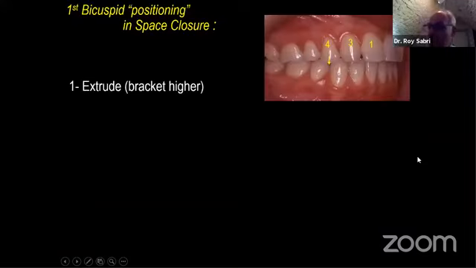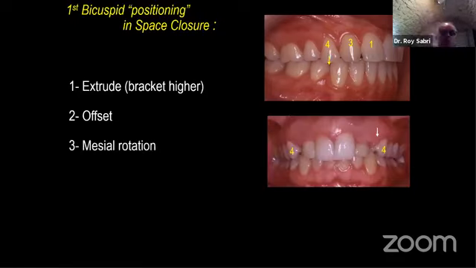Now, how do we position the premolars? The premolars that are going to look like canine should be extruded and a little bit offset. But that's the most important point, mesial rotation. You want to hide the flat mesial surface of the premolar.